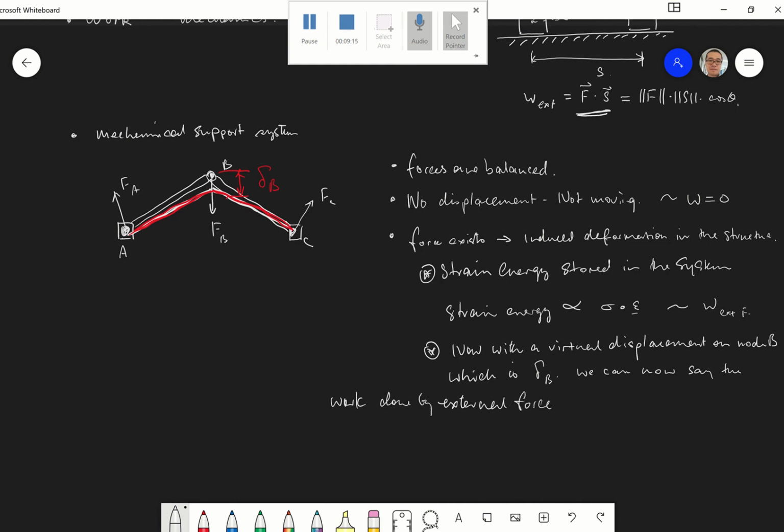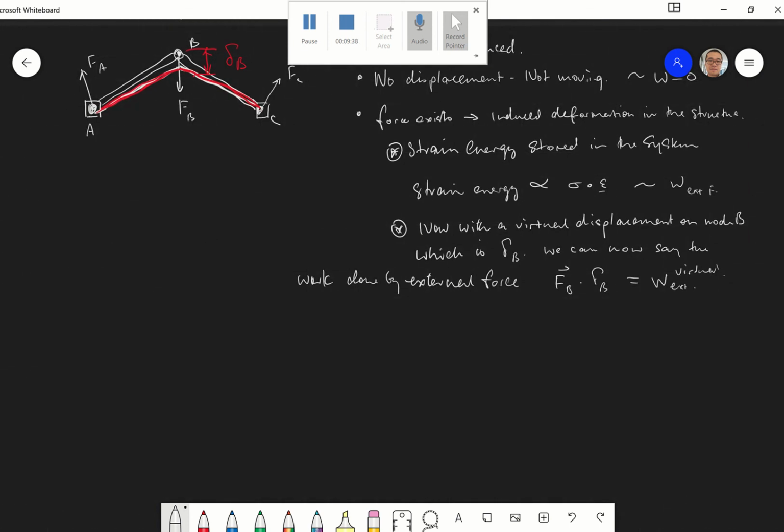Now you notice that A and C, I didn't put any virtual displacement there because they are fixed. So in this case it will be FB dot delta B, right? So that will be our external work, but it's virtual, right?